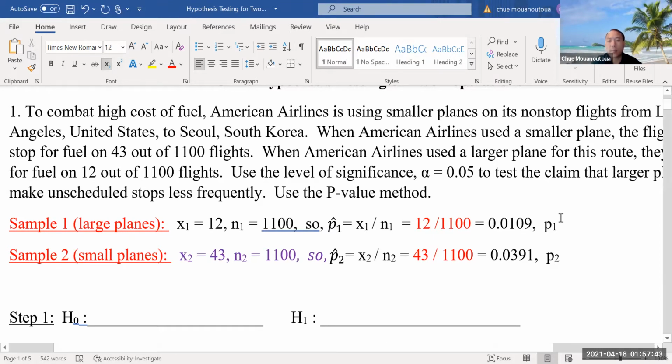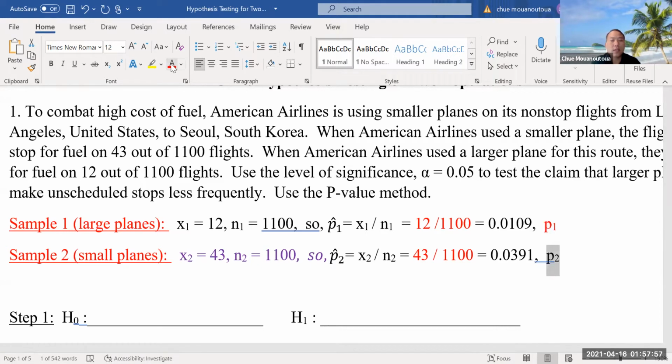One is for the larger planes, and two is for the smaller planes. You want to keep your samples different.